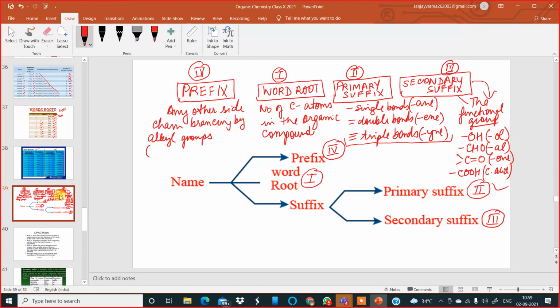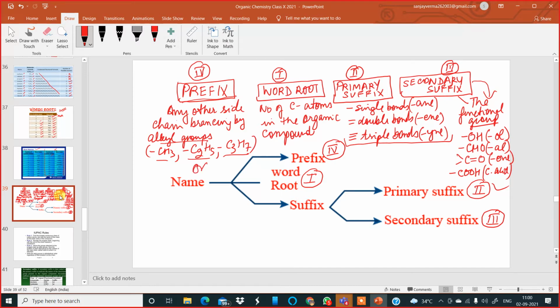Now what are alkyl groups? Alkyl groups are like this. It can be a methyl group, it can be an ethyl group, C2H5, it can be C3H7, this is a propyl group. So if there are alkyl groups branching the chain of that organic compound, then the naming of those branching groups comes under prefix.